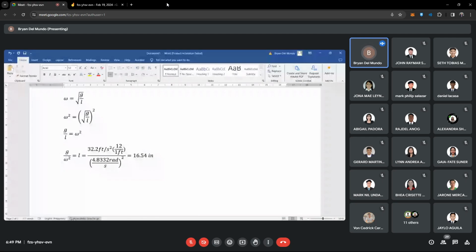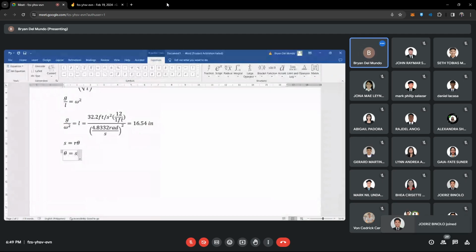So we can evaluate this one as S is equivalent to 3.1035. So diretso ko na ito. I-derive ko na yung ating formula. So theta will be equal to S over R. Or it is also equal to amplitude over yung ating length.